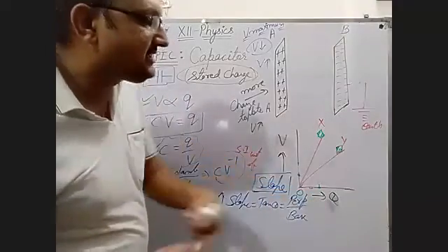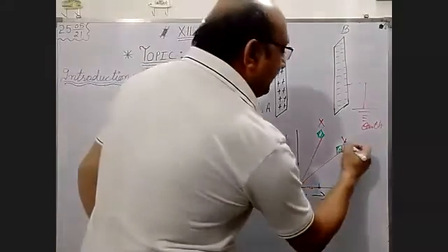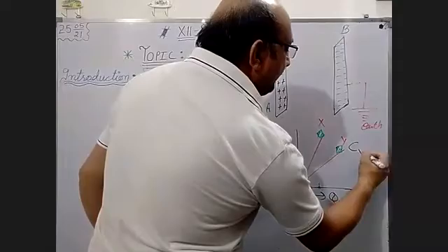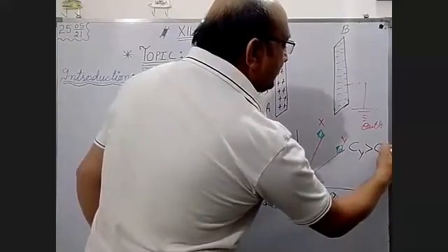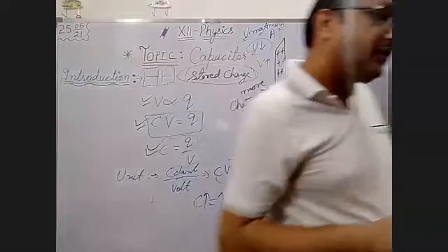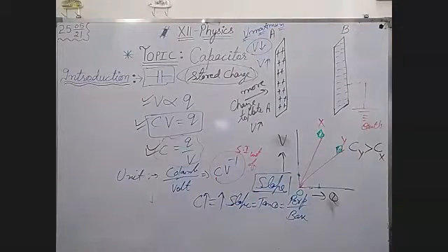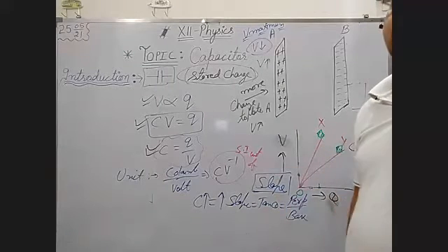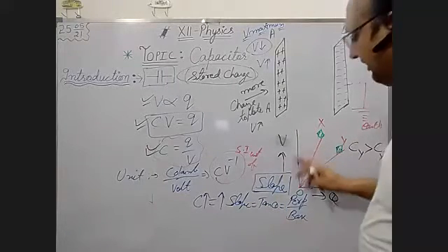The difference is that in this case, capacitance of Y is greater than capacitance of X. Then your result will be opposite. Now the capacitance of Y is greater and X is small. Okay, you have to remember this.